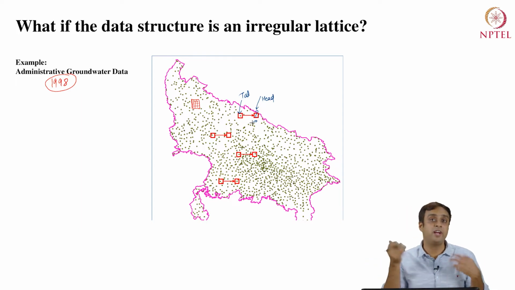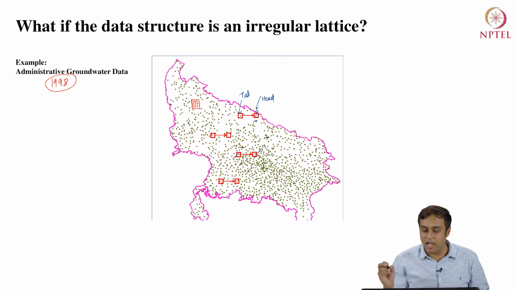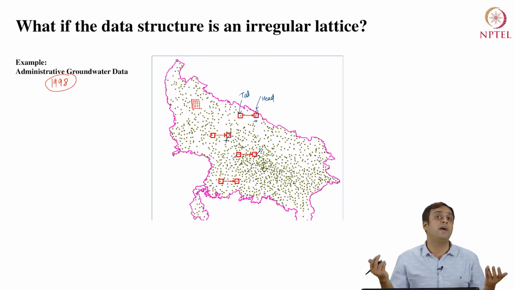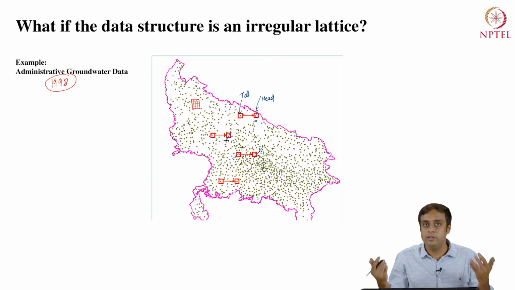So, we will have a vacant observation. For some locations we are going to find such pairs, but for a lot of locations we are not going to be able to find any of these pairs. So, what do we do then?